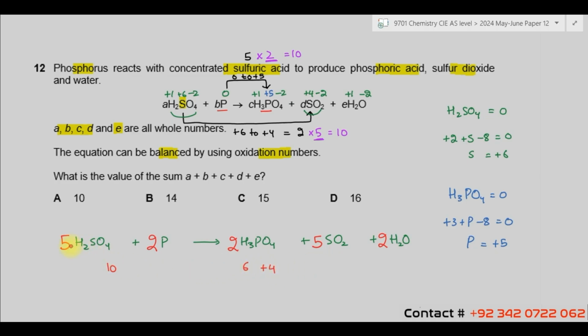Hydrogen is balanced. Oxygen is 20. We have 8 and 10, 18 and 2, 20. So everything is balanced. Let's sum it up. So 5 plus 2 plus 2 plus 5 plus 2. So 10, 12, 14 and 16. Correct answer is D.